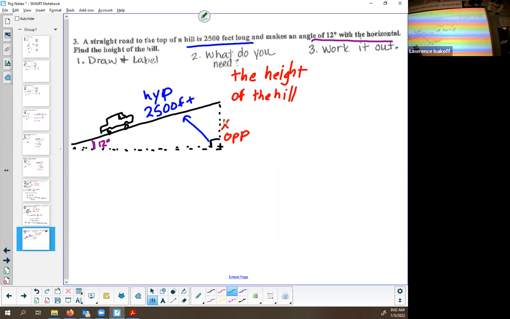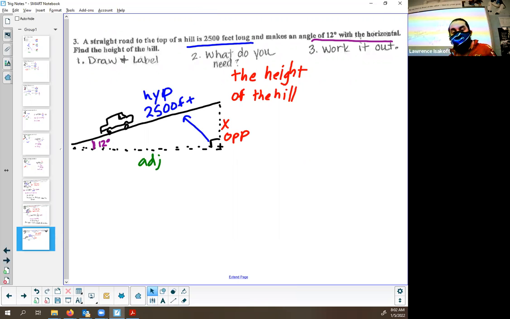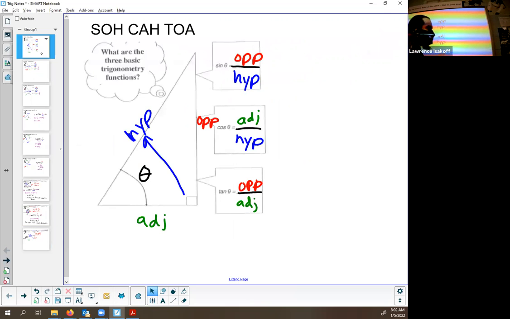And that would make the ground, if everything was flat, my adjacent side. So right away, I'm looking: I have info at hypotenuse, I have info at opposite. Opposite, hypotenuse, oh, that's sine. So I'm going to have to use that sine function again.